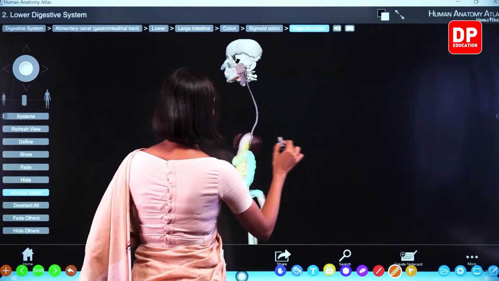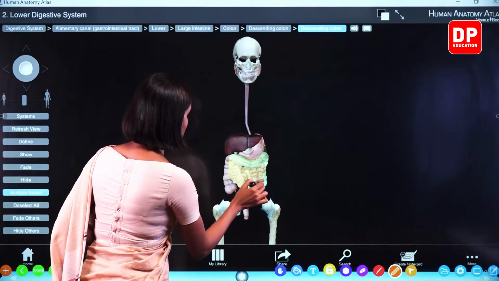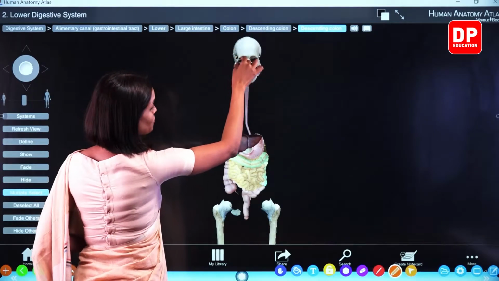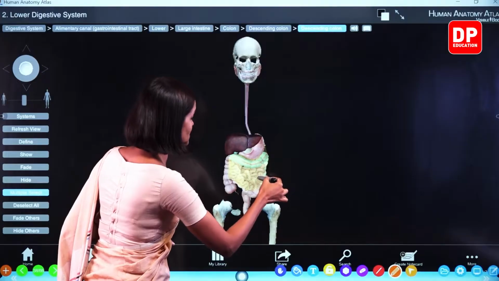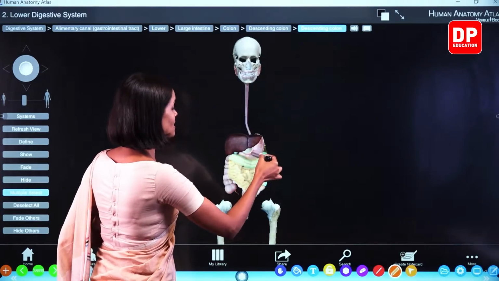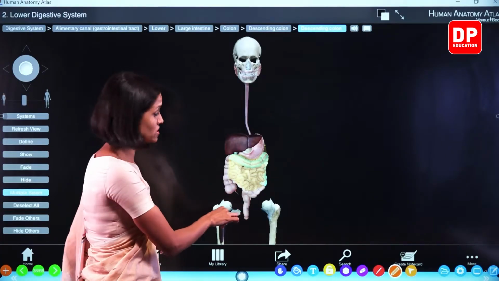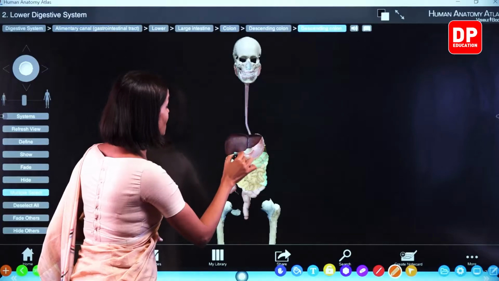Now, here what happens? The food coming from the mouth cavity enters the stomach, and then it enters the small intestine, large intestine, and through the rectum and anus, undigested food goes out. So food never enters the liver and the pancreas.